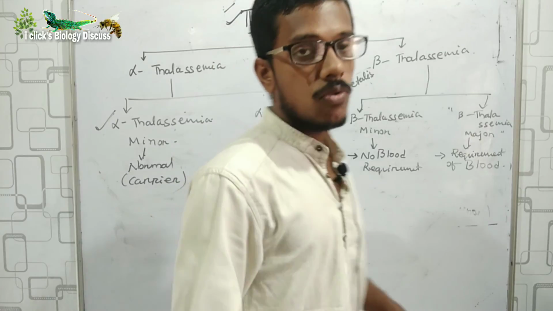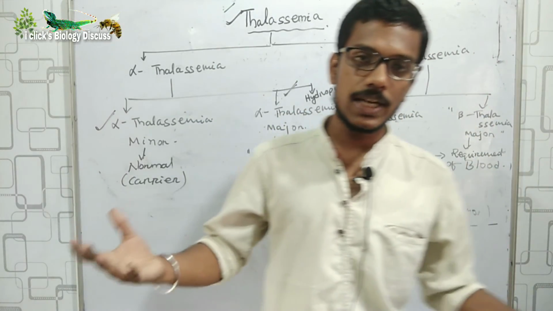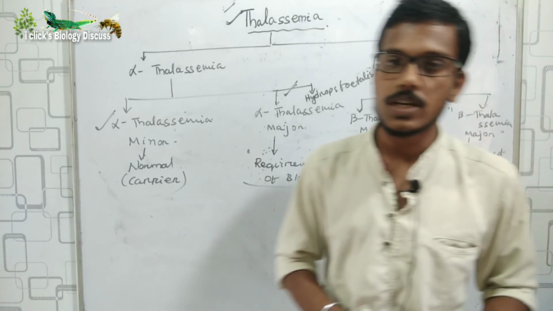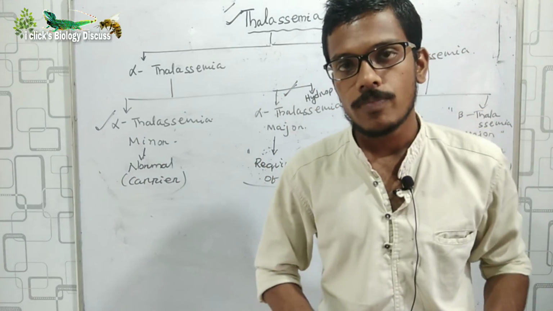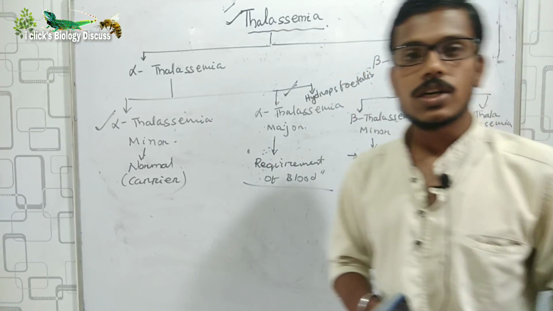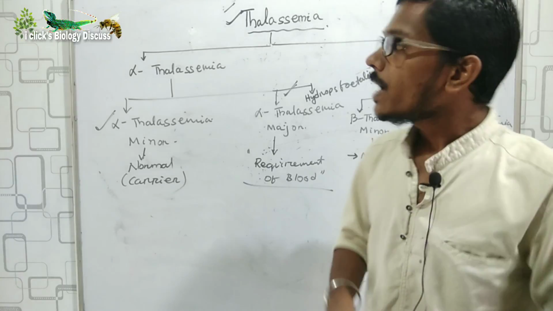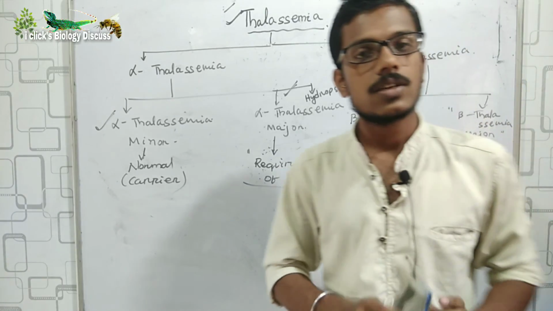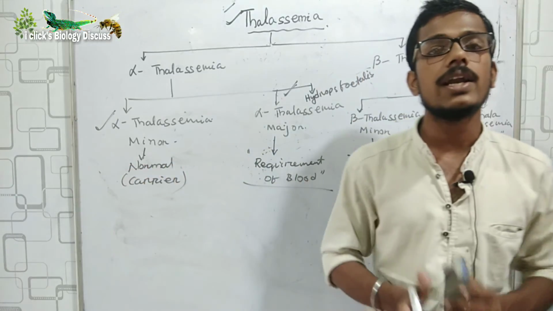In this lecture, we have discussed thalassemia. What is thalassemia? As you know, this is an autosomal recessive disorder. Then we looked into the types of hemoglobin. Thalassemia is a hemoglobinopathy, or hemoglobin disease. There are three types of hemoglobin: HbA, HbA2, and HbF.